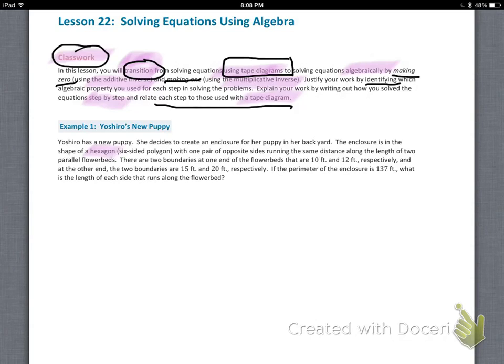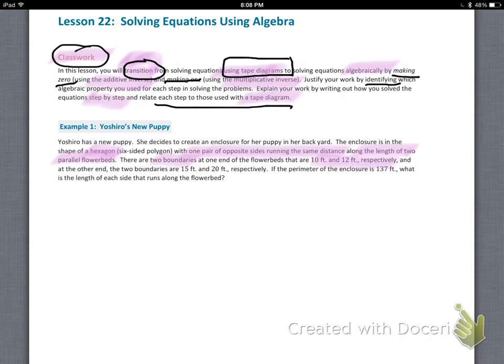So we have all kinds of language here, don't we? One pair of opposite sides running the same distance along the length of two parallel flower beds. So there are two boundaries at one end of the flower beds that are 10 and 12 feet respectively.